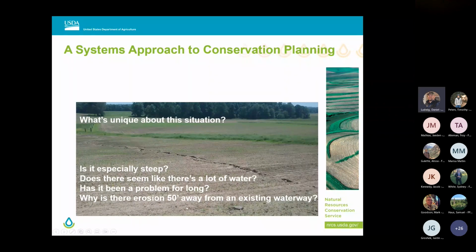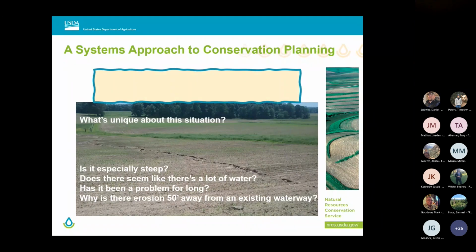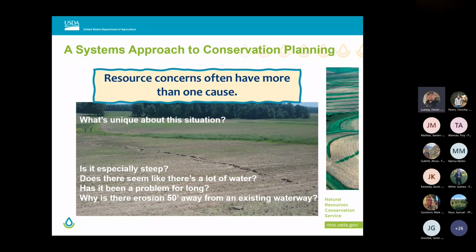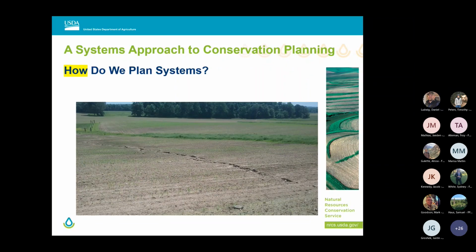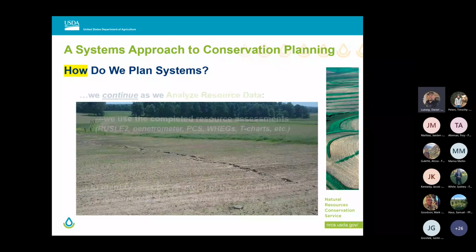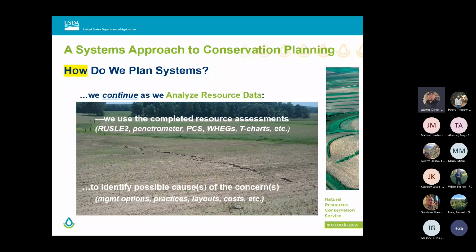Okay, so we've got to think about what makes this situation unique. And it comes down to resource concerns often having more than one cause. So moving forward and how we're planning our conservation systems, again, we're moving through the 9 steps of the planning process.